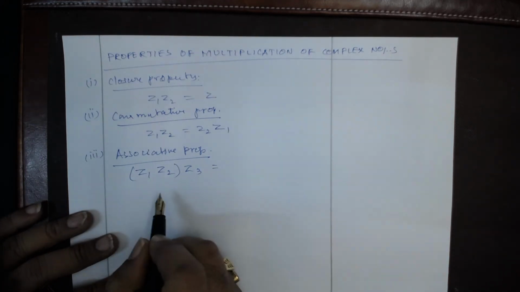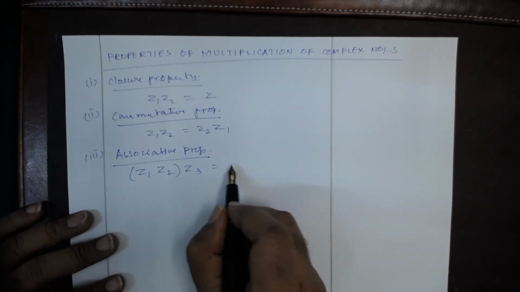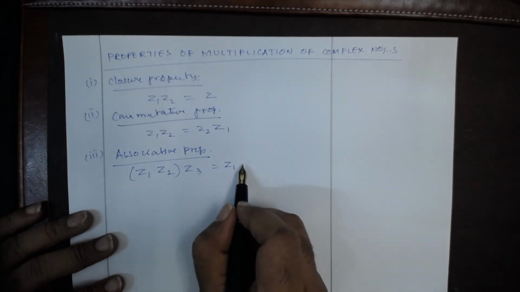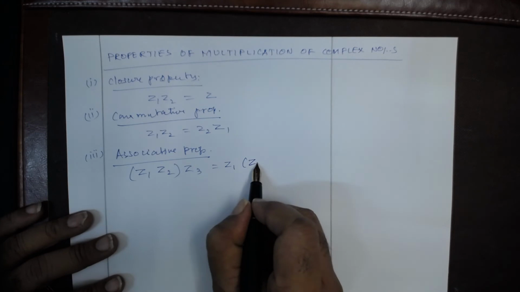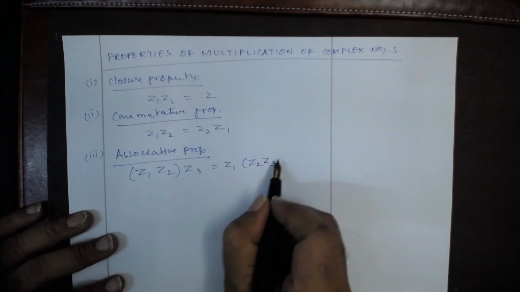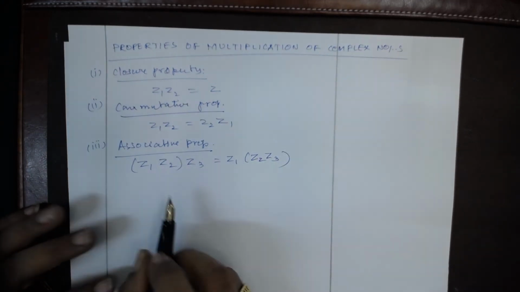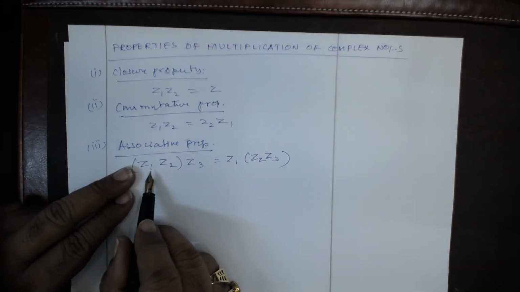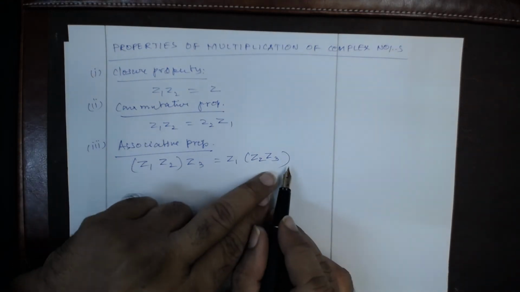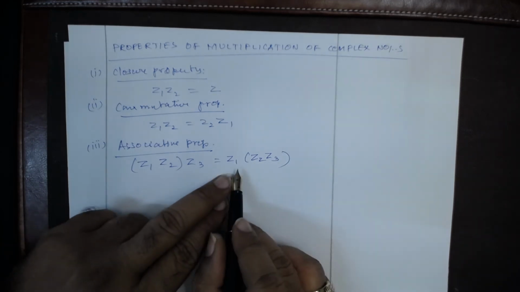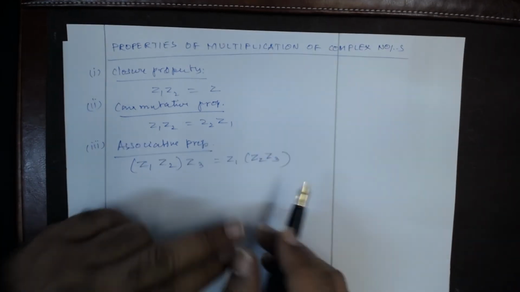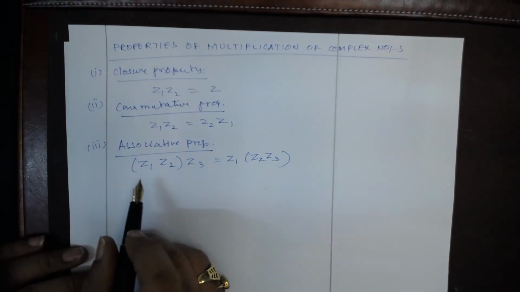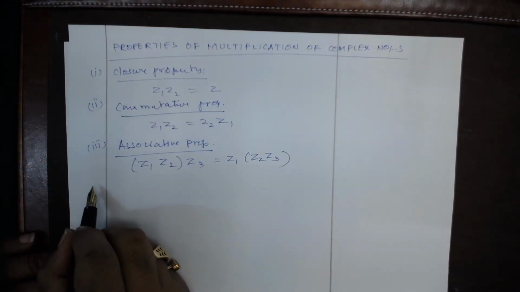That is equal to z1 and the product of z2 and z3. It means either z1 and z2 can be associated, or z2 and z3 can be associated, then multiplied. There is no change of result. It gives the same result. That is called associative property.